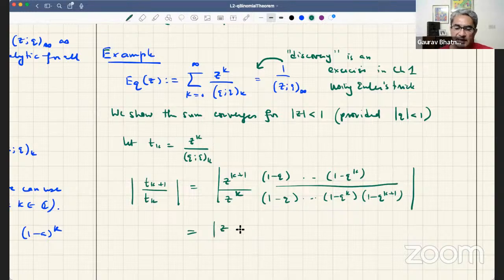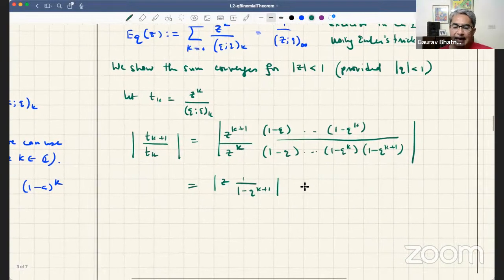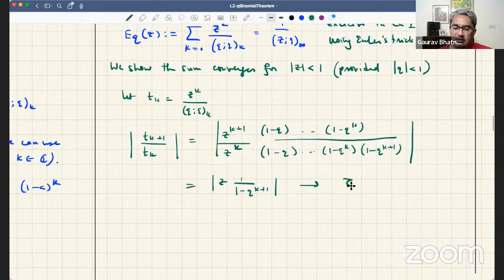Most of these cancel, and you get absolute value of z over (1 - q^(k+1)). This goes to absolute value of z when k goes to infinity, because q^(k+1) goes to 0.